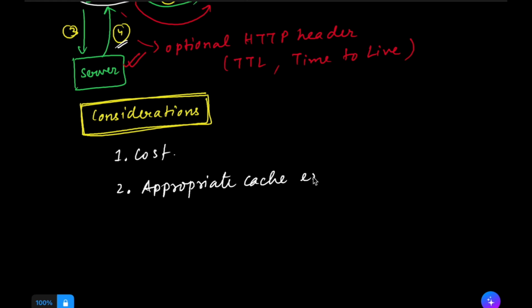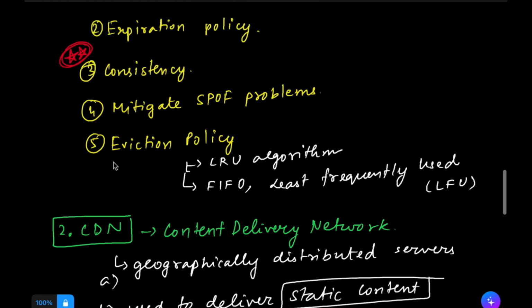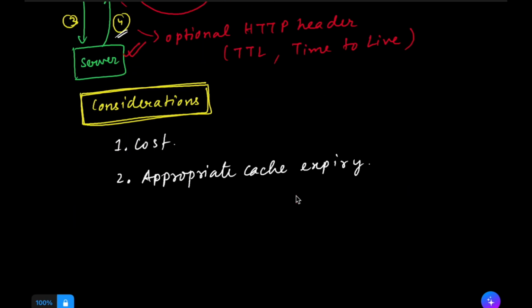For time sensitive content, we can set a cache expiry which shouldn't be too short or too long, as we saw in the case of cache, the expiration policy we discussed earlier.